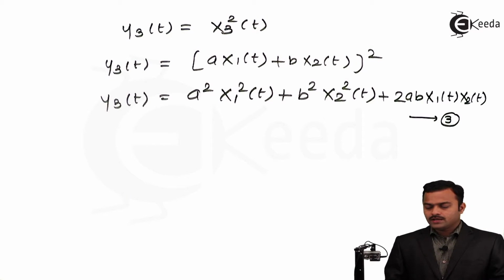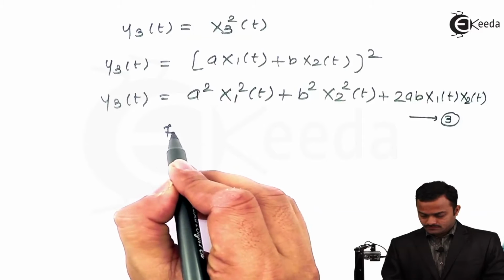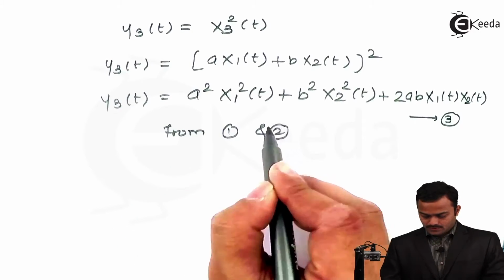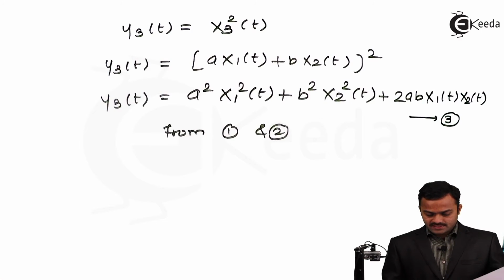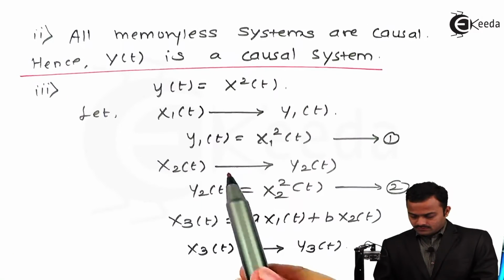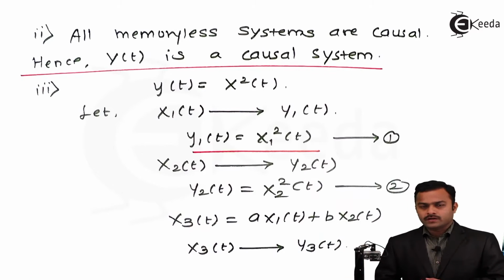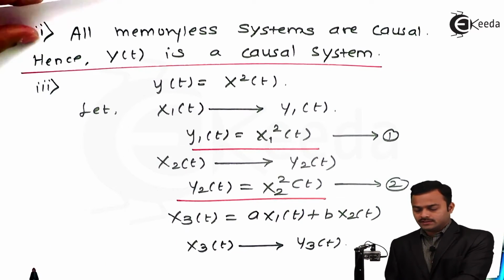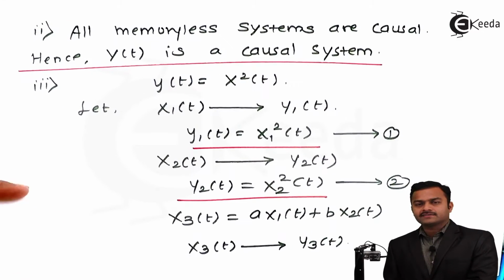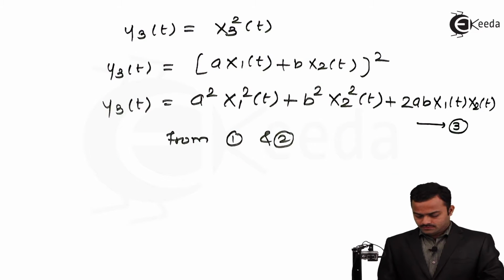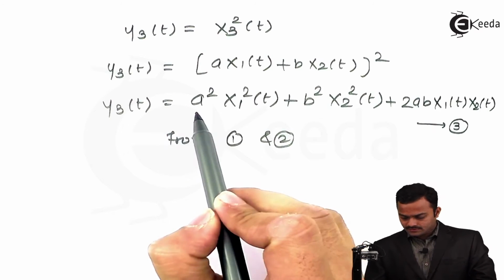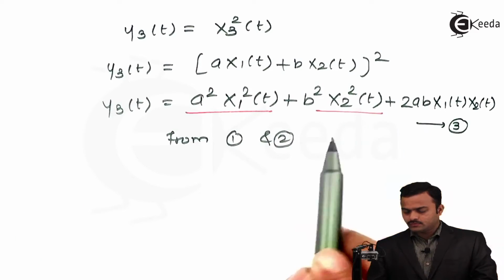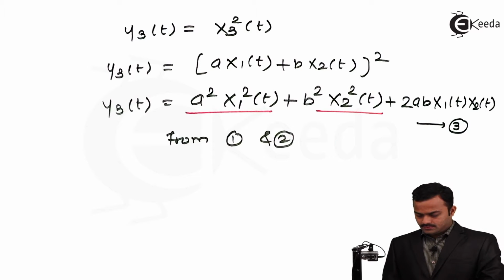Now from 1 and 2, it is obvious that x1 square t is y1t and x2 square t is y2t. So I can substitute and replace these with y1t and y2t.